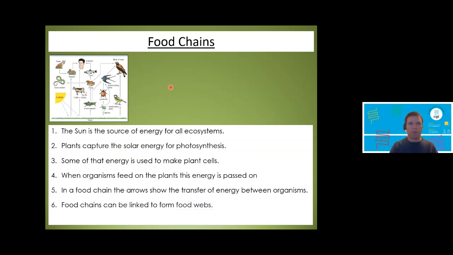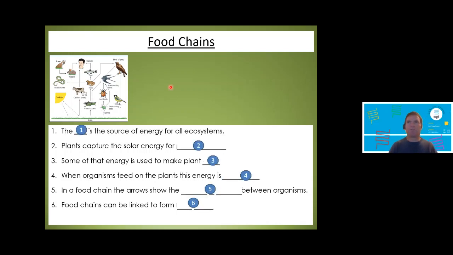Now it's worth noting those terms, so let's just go back a moment. Those terms I've hidden: the sun, photosynthesis, plant cells, passed on, transfer of energy, and food webs.